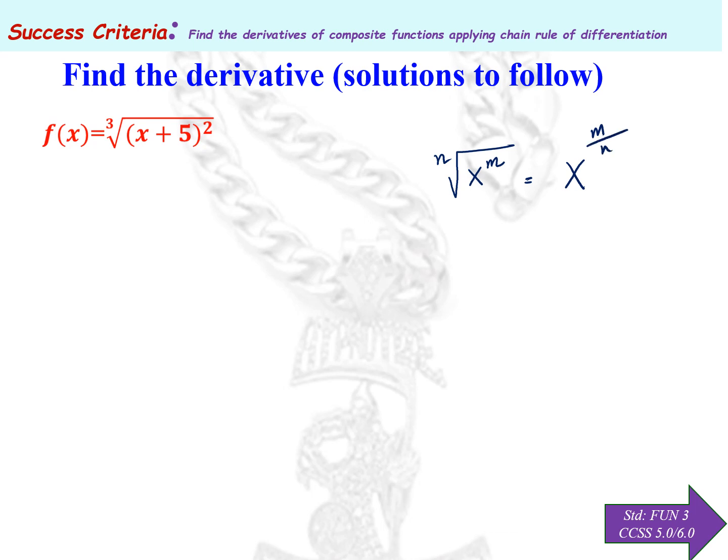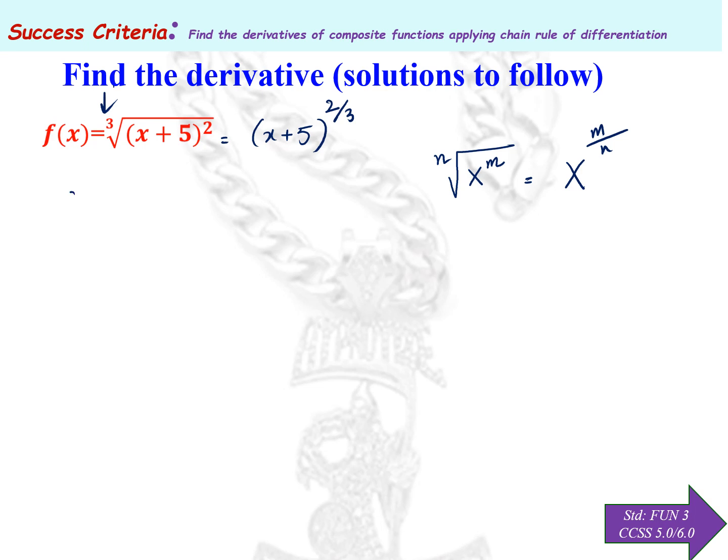So how can we apply algebra to convert this radical sign into the exponential form? We will write the inner function as it is, which is the function written inside the radical sign, and this index which is outside will be divided here, meaning in over out, 2 over 3.